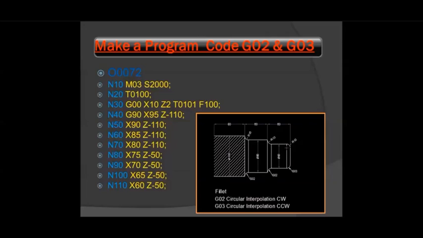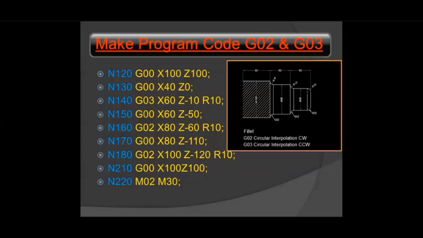X90 Z minus 110 same, continue X85 Z minus 110, X80 Z minus 110, X75 from this Z minus 50, X70 Z minus 50, X60 Z minus 50.